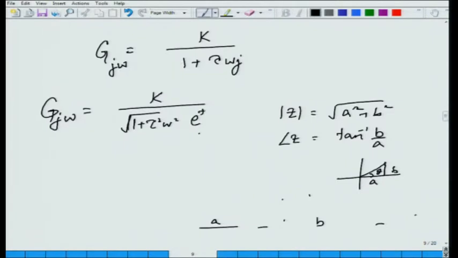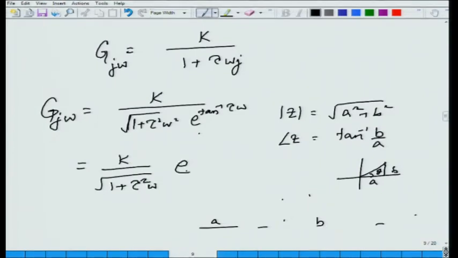So, that is going to be tan inverse τω, and then what will this guy turn out to be? This guy will turn out to be K over the square root of 1 plus τ²ω².